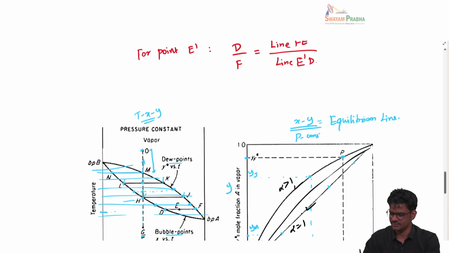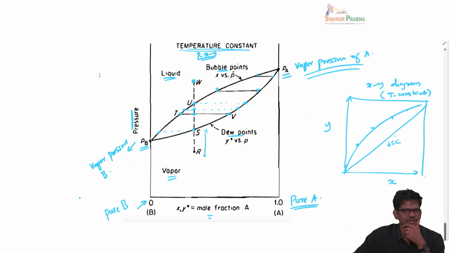P is constant. So these discussions should have happened in chemical engineering thermodynamics course. You must have calculated this VLE data. So do you recollect these discussions? No, VLE data. But at the end of the calculation, you should be plotting XY diagram like this.